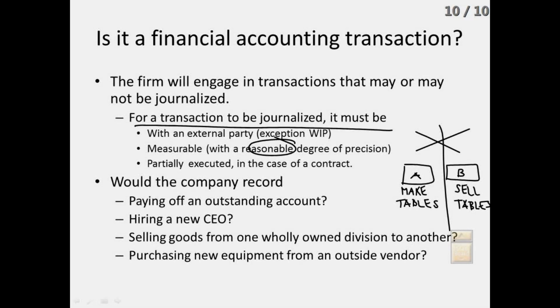So if you have an outstanding accounts payable and you pay it off, is that something you would journalize? Yeah, absolutely. Cash is going down, accounts payable is going down. Okay, no problem. What about if you hire a new CEO? What would you do? Would you say, oh, well, the value of the CEO to our firm is $150,000? No, you don't know. Does the market know?